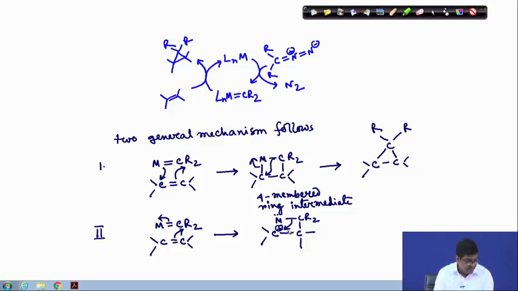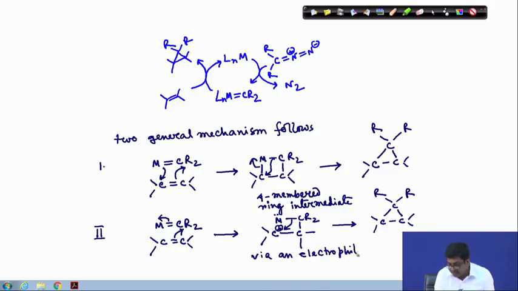Then this polar species undergoes this 1,3 bond formation, and that gives the product. So, this is via an electrophilic attack.